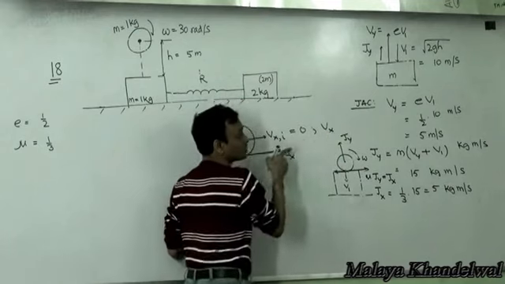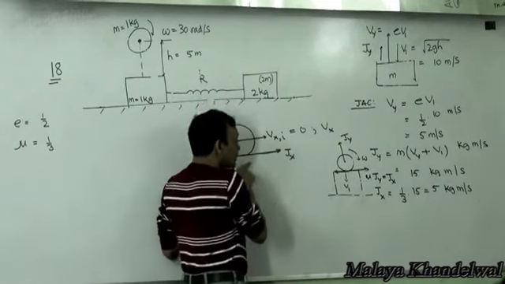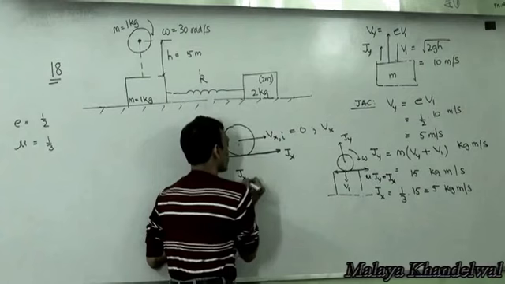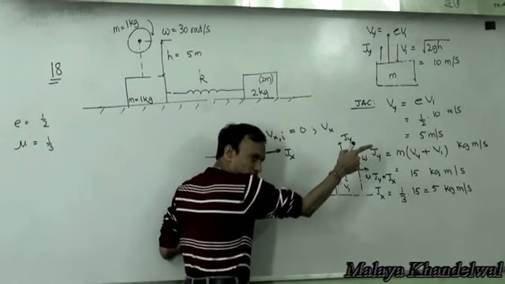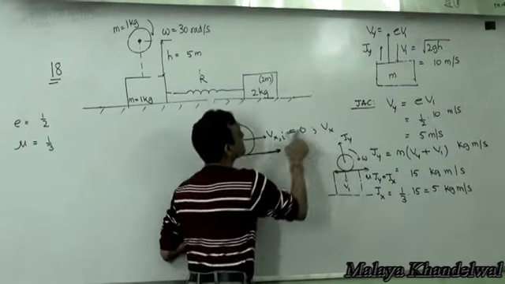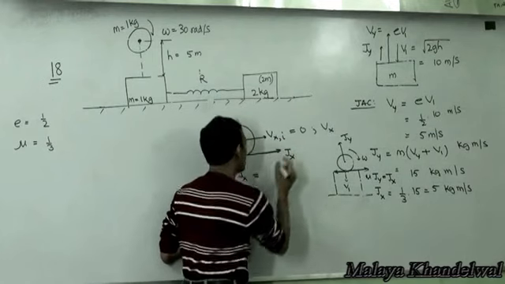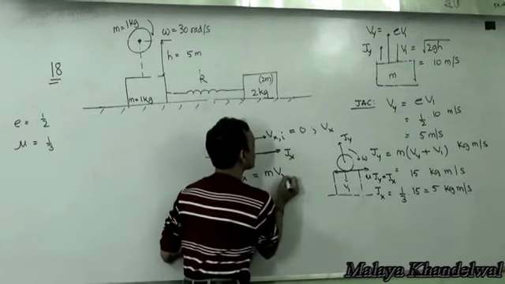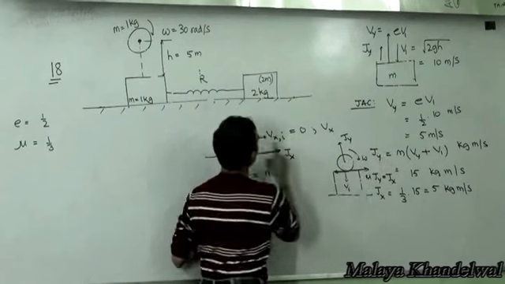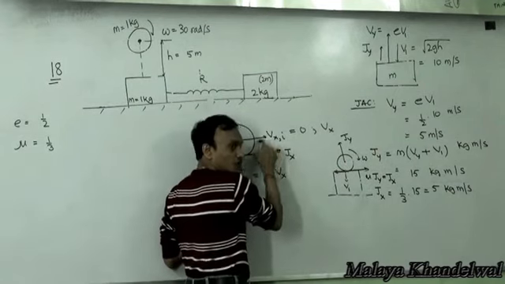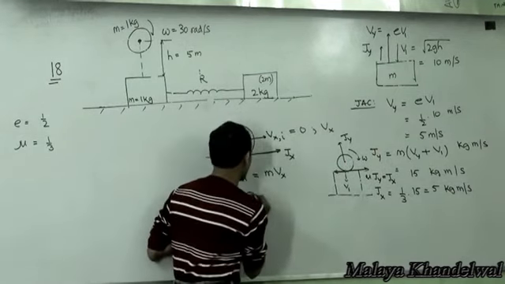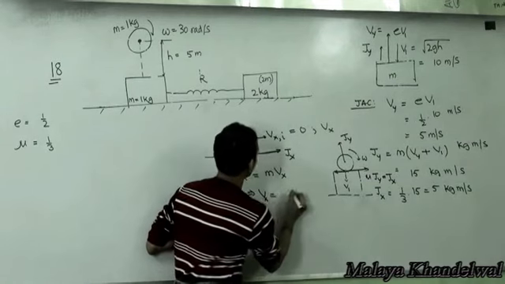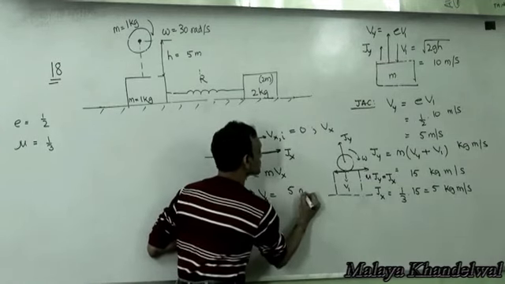Jx is the change in linear momentum in the horizontal direction, m vx minus m0. So vx becomes 5 meters per second.